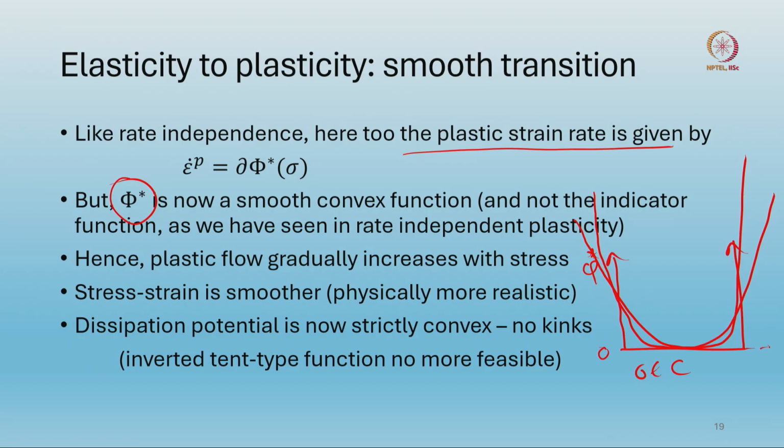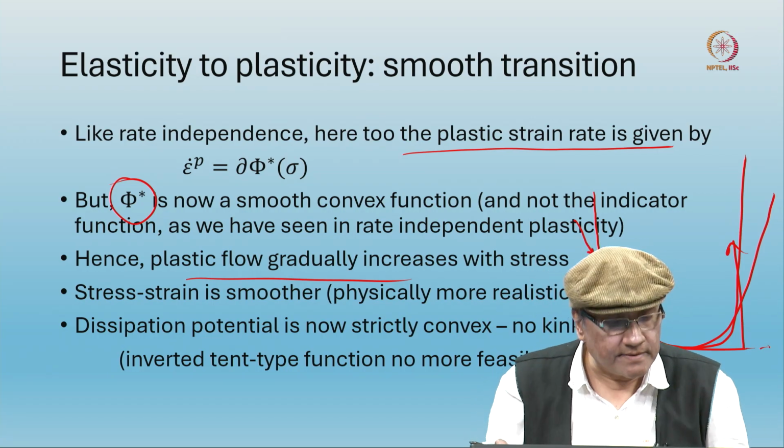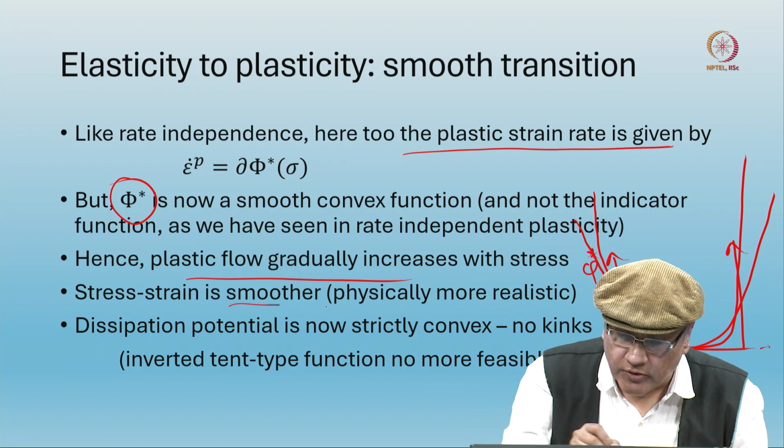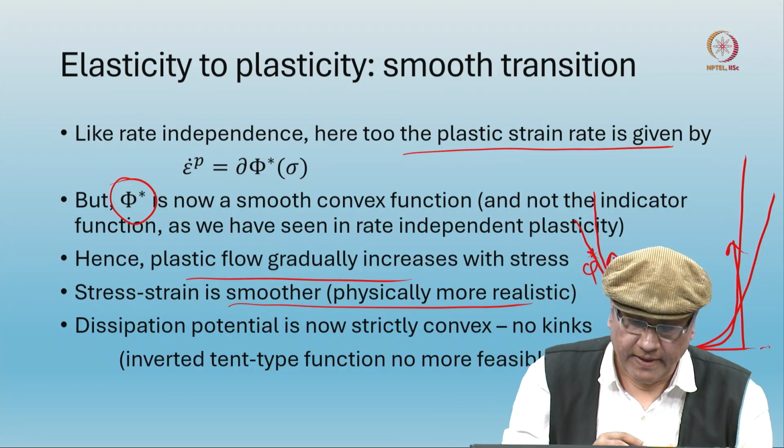We are actually looking at an amelioration of the discontinuity, replacement of it by continuous functions, smooth functions, right. Phi star reflects that. So, plastic flow therefore is envisaged in this case to be gradually increasing with stress. The stress strain relationship is therefore smoother and hence more realistic hopefully, right.